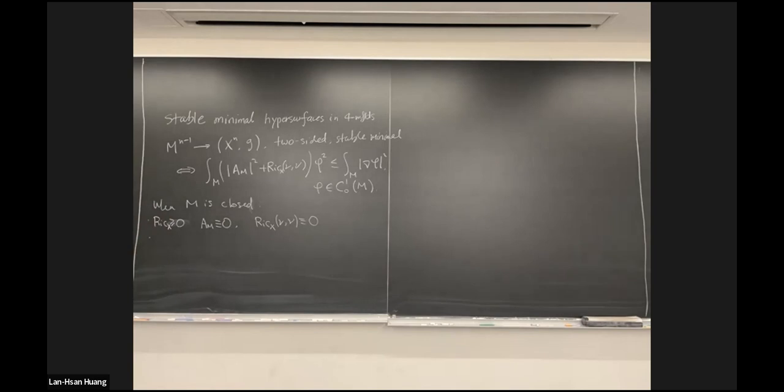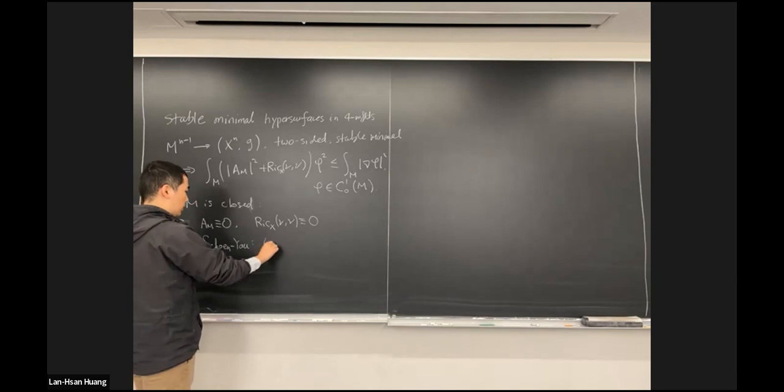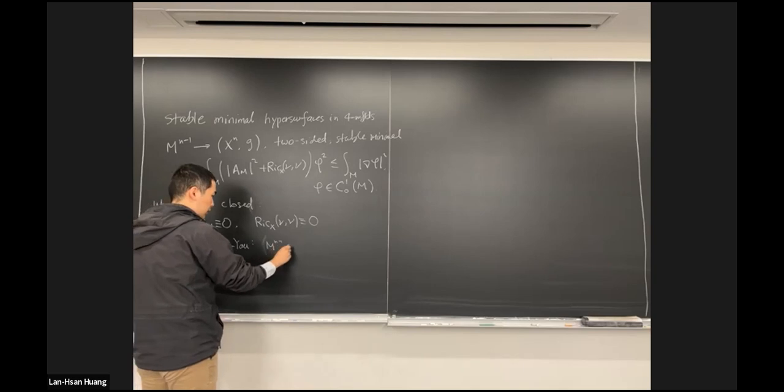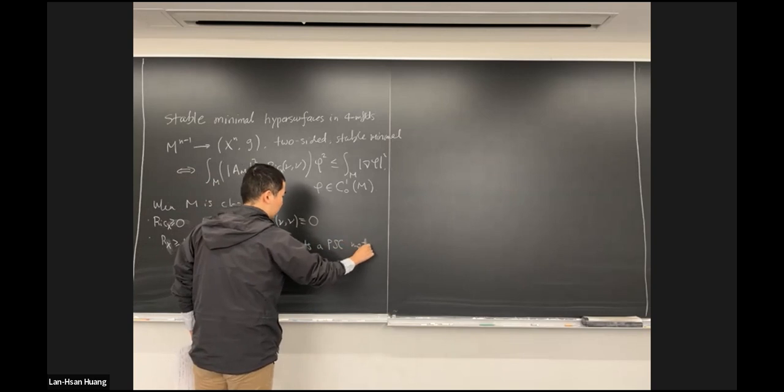If we were interested in scalar curvature, for instance if we assume the scalar curvature of the metric on X is positive, let's say at least 1, then a very nice observation of Schoen-Yau, which has been the foundation of many modern applications of minimal surface theory, tells us that the induced metric on M admits a PSC metric itself.